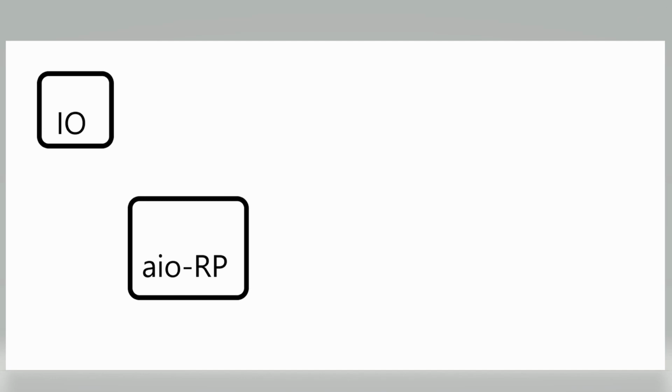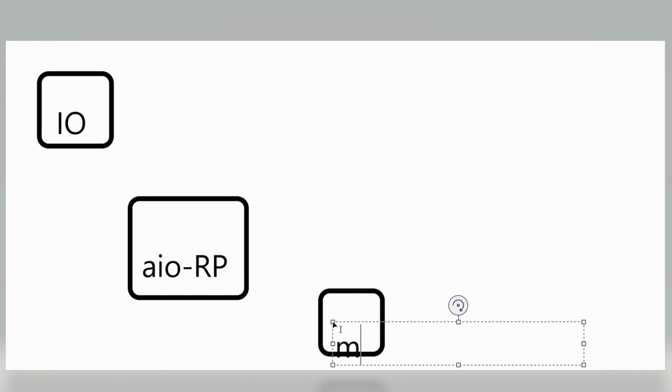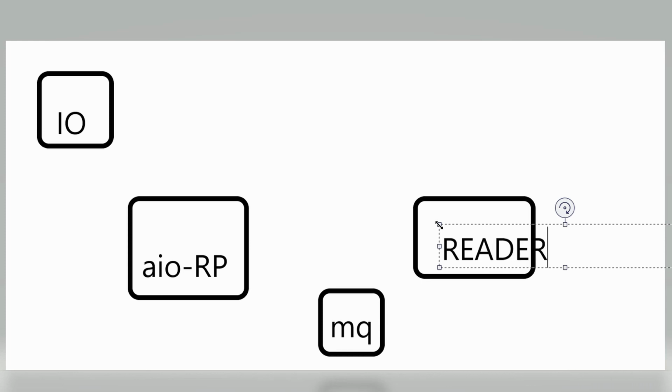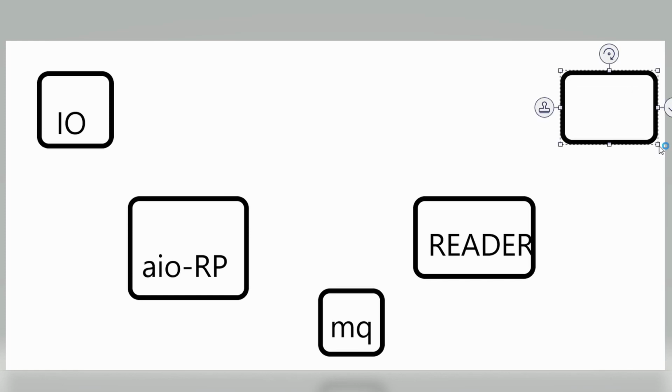So I'm going to put that down. I'm going to call it MQ. And then we also have our MQTT reader file, which I'm just going to call reader. And then finally, we have the Node MCU. So I'm going to call this MCU.